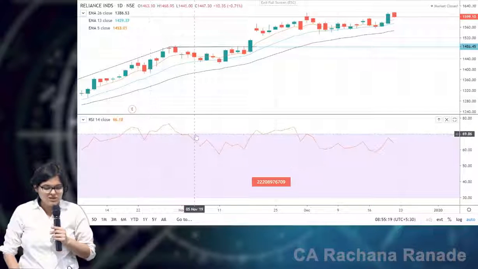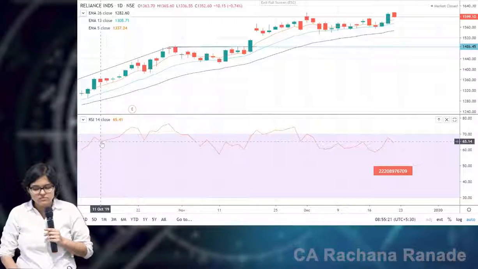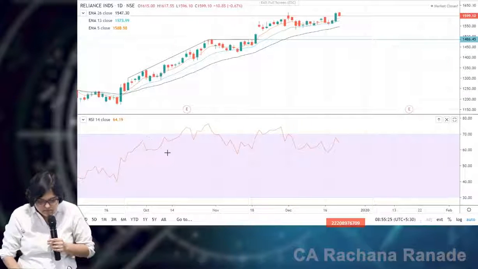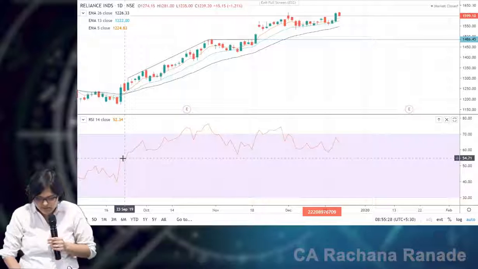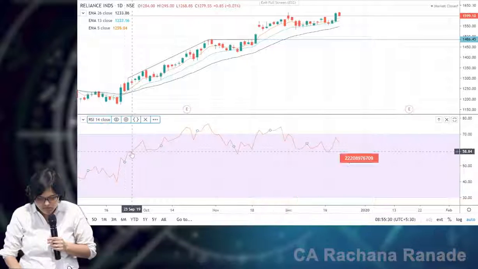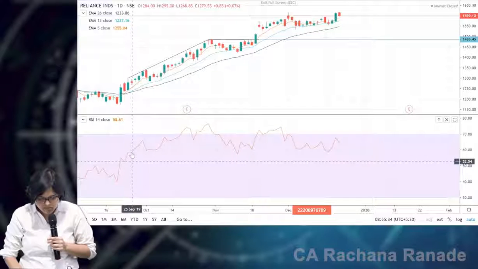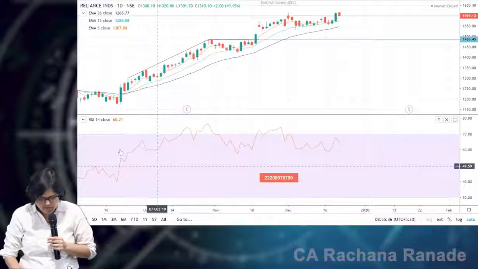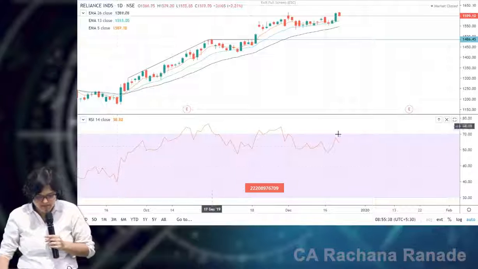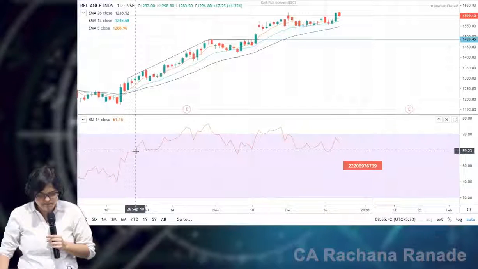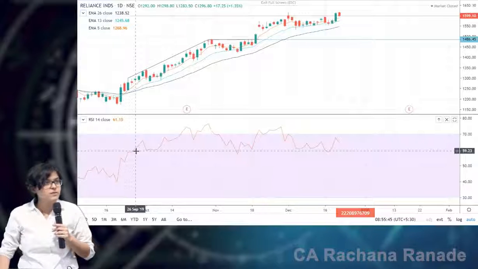But my strategy is 60 above. So we'll have to check when it crossed 60 for the first time in the recent past. Here. It crossed 61.